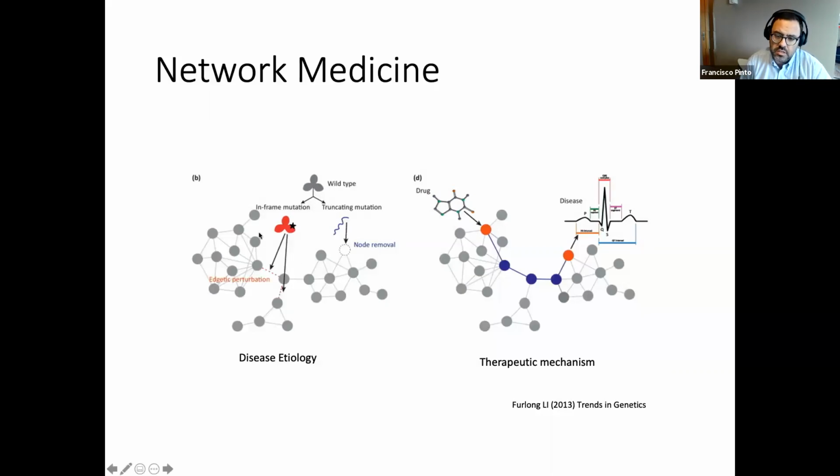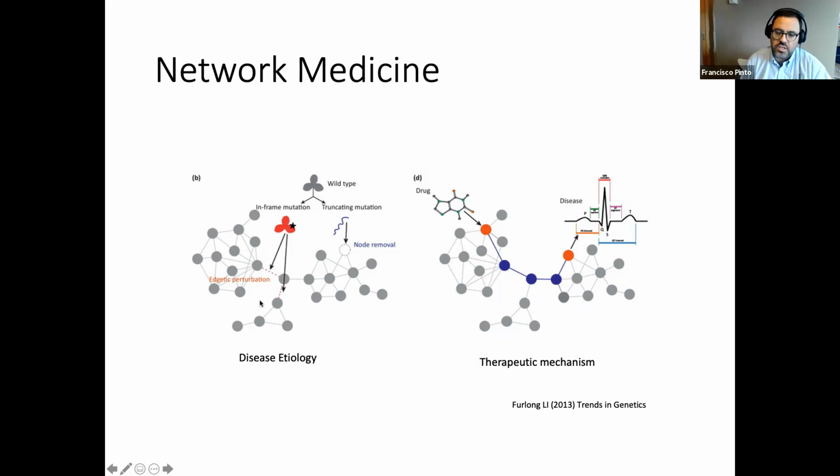In particular, they have found that a lot of mutations that are associated with the development of disease or modifying the phenotype of some diseases are mutations that do not delete or decrease significantly the function of that gene or of the product codified by that gene, but you can have a change in an amino acid that is in the interface of that protein and will change the physical protein interactions that that protein has.